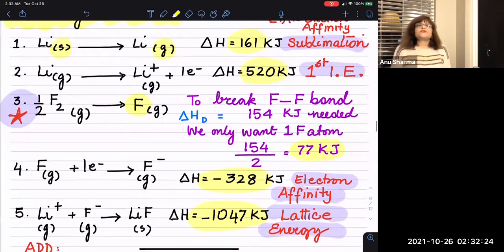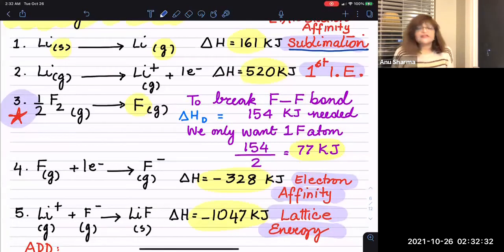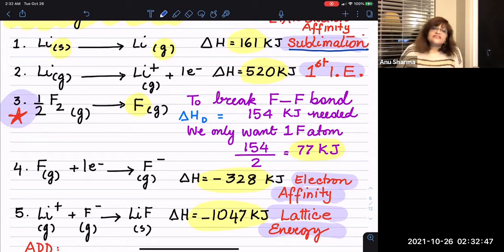So the first step is always the sublimation. Sublimation is when a solid gets converted to a gas. So lithium first gets heated up, then it converts from solid to gaseous lithium, and the amount of heat is 161 kilojoules. Next, the lithium in the gaseous state loses that one electron.